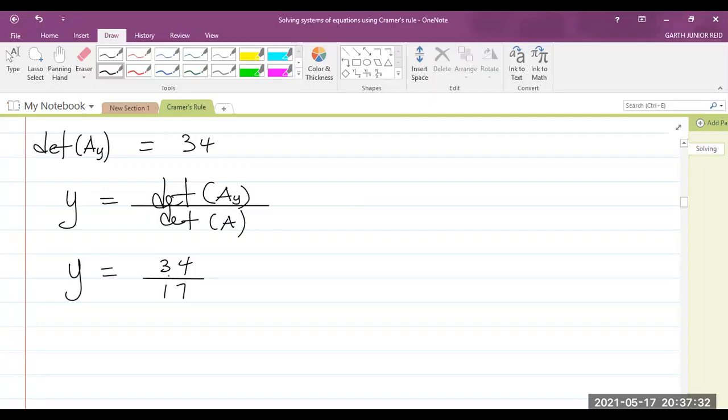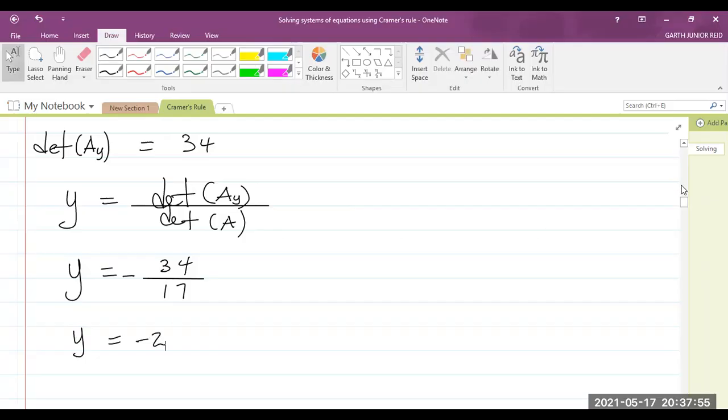Now, in mathematics, we don't like to leave negatives in our denominator, so you can either choose to put it in the numerator or to the side. I am going to put it to the side. So y is now going to be equal to negative 34 divided by 17. If you put that in your calculator, you should get a value of negative 2.